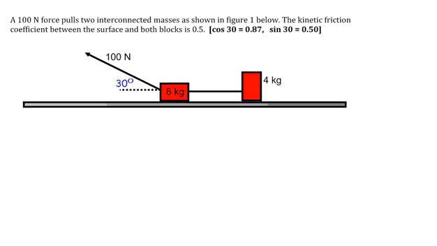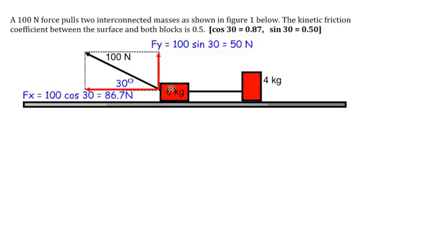Now the first thing that we need to do to solve problems like this is to resolve the force into horizontal and vertical components. In order to do that, we can draw our parallelogram around the vector with horizontal and vertical sides, and we can find the size of the vertical and horizontal sides.